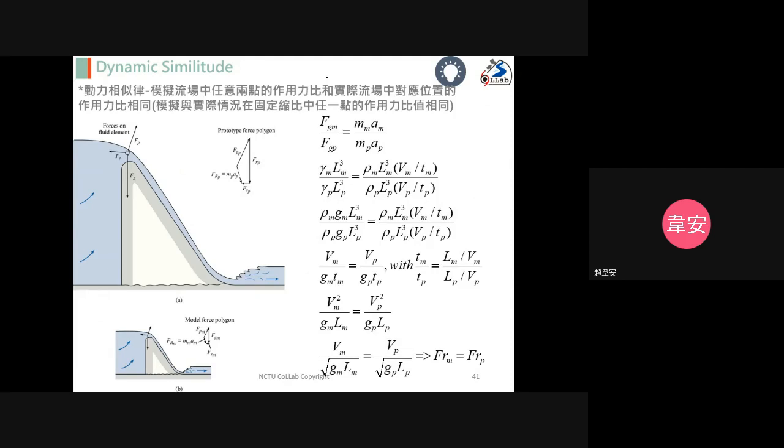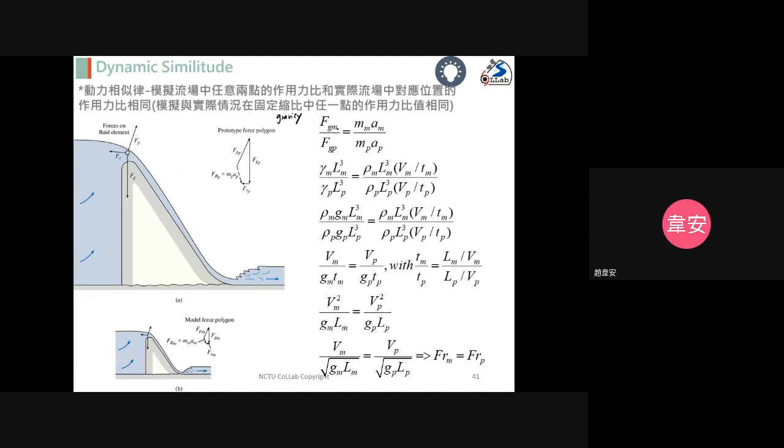If we go back to follow the definition of dynamic similitude, we need to fix the ratios of the forces between the model and the prototype. First, we consider gravity.